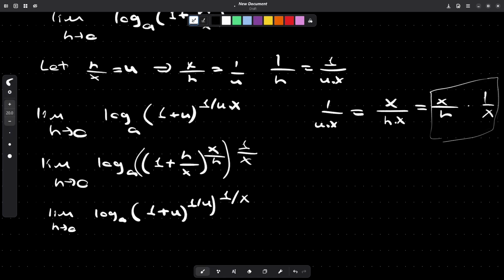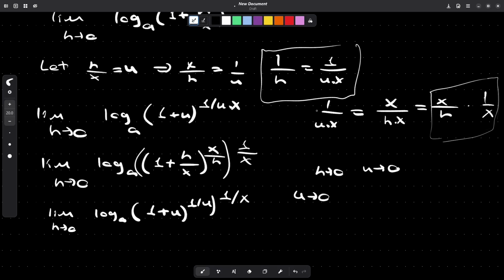Instead of h approaching 0, we can write u approaching 0. Why? Because if h approaches 0, u approaches 0, from this equation. So we don't change anything. Instead of h approaching 0, I will let u approach 0.